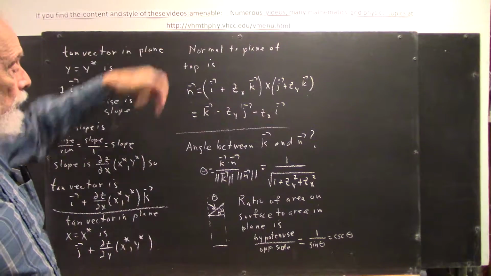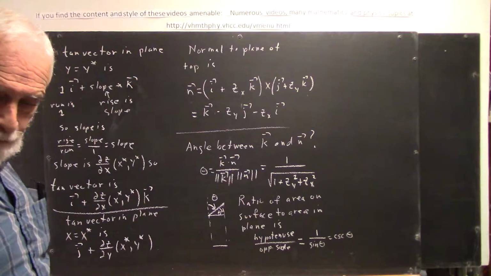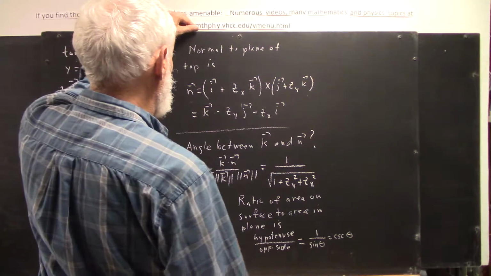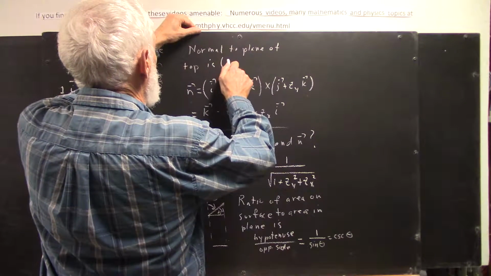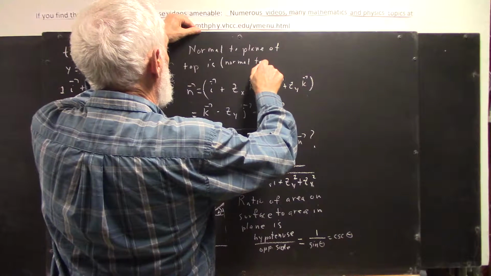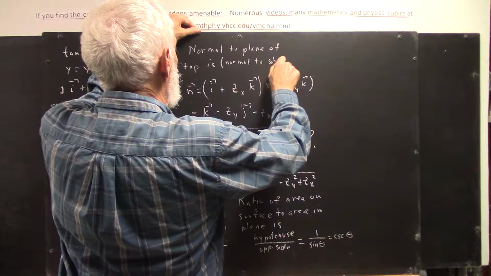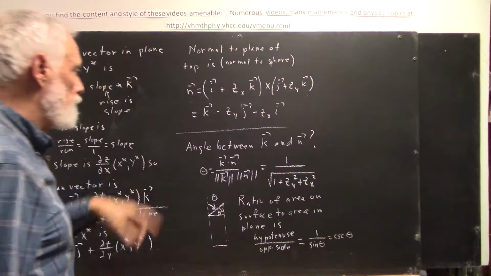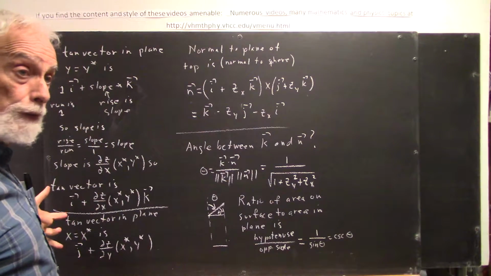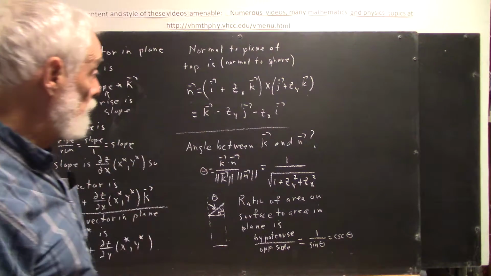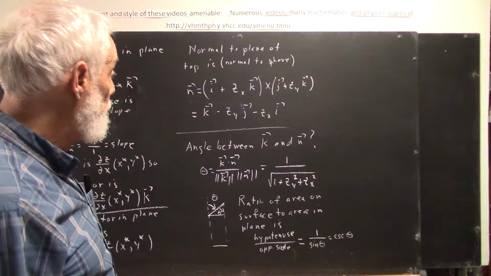Normal to the plane of the top of our wood block model, which would be normal to the sphere, is just the cross product of these two tangent vectors. Okay, we get the normal by taking the cross product of two tangent vectors.